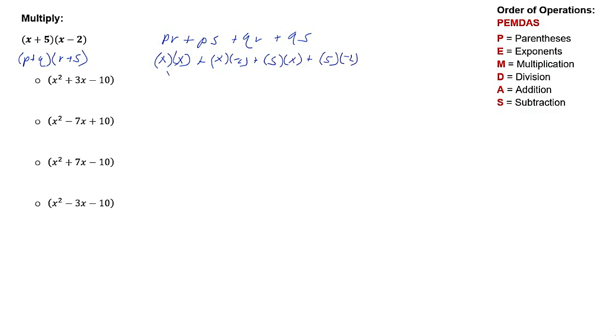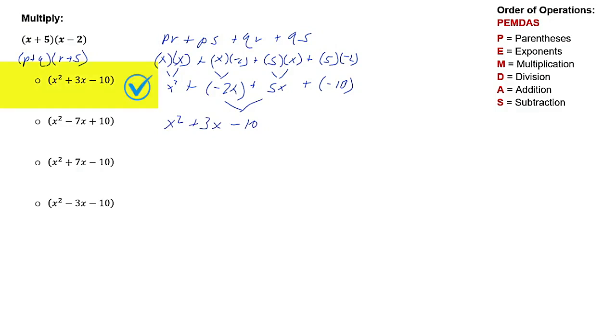That'll give us x squared plus -2x plus 5x plus -10. So now we really just have to combine the two middle parts and we get x squared plus 3x minus 10. So that's our answer, x squared plus 3x minus 10.